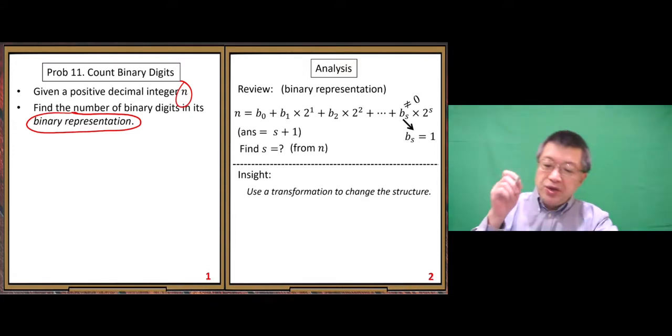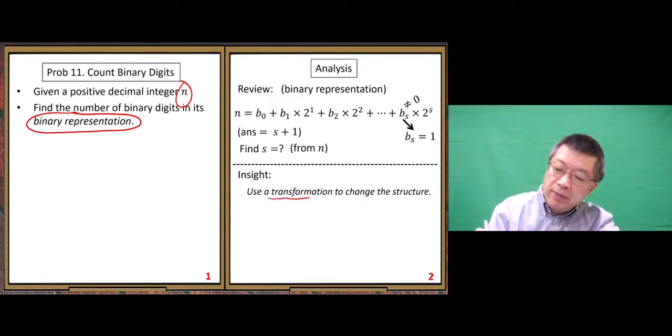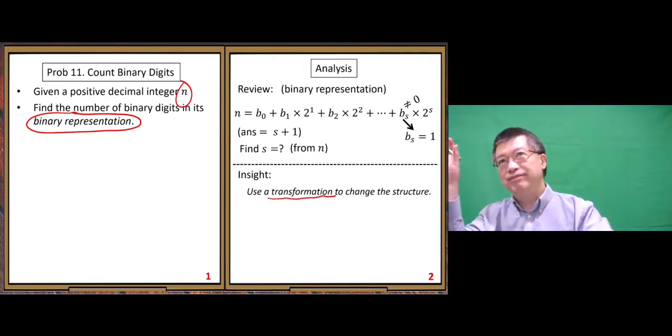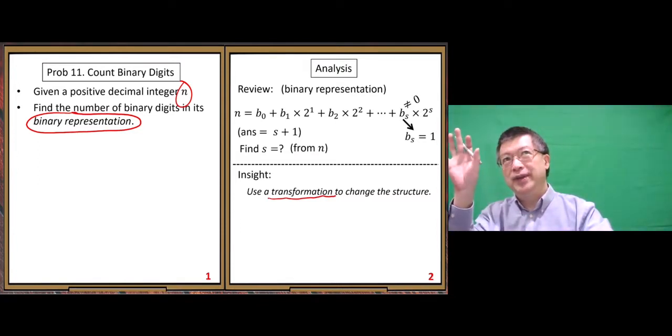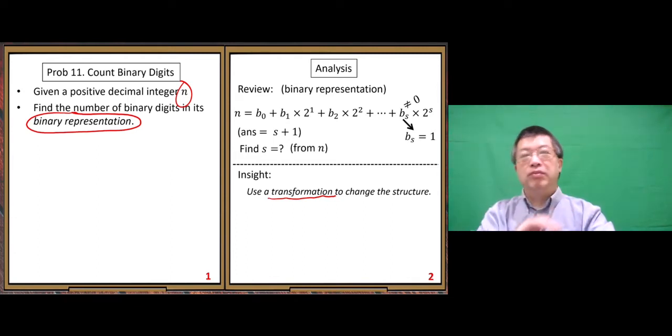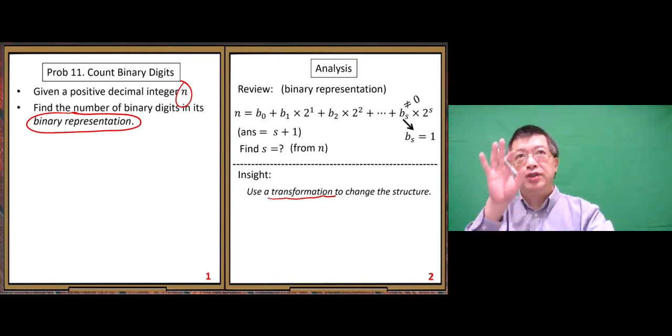Let's see. Use a transformation to change the structure. Transformation. Remember in our polynomial evaluation problem, Horner's rule, we did that. Polynomial transformation, right? Here we do another transformation.